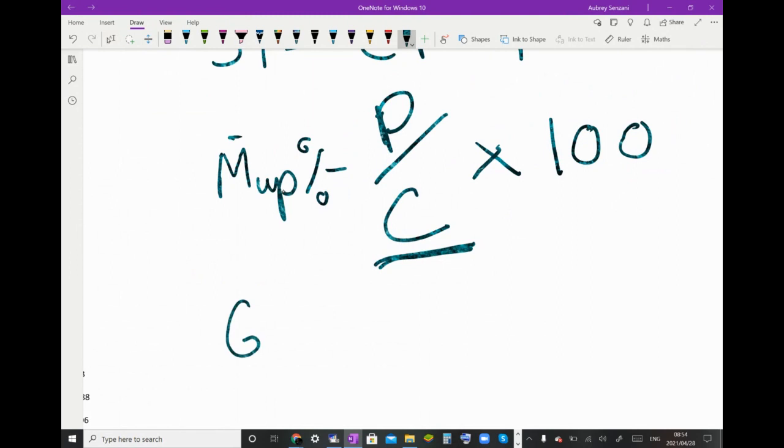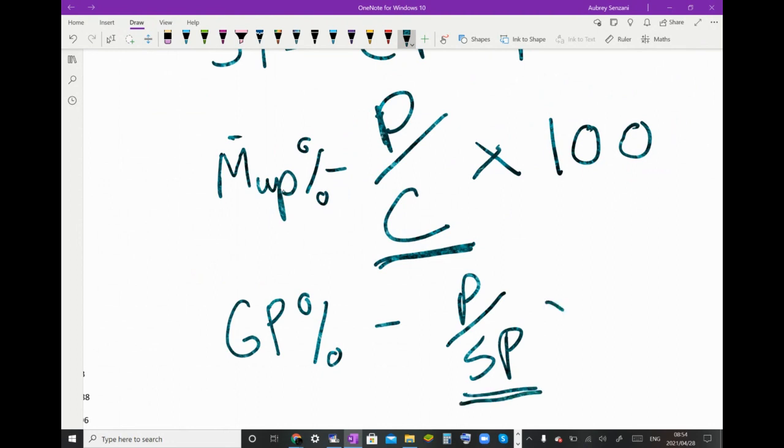So we say, okay, gross profit percentage. The formula, we know it's profit over selling price times 100. Since they didn't tell us whether it is on cost or on selling price, we have to go to the formula.